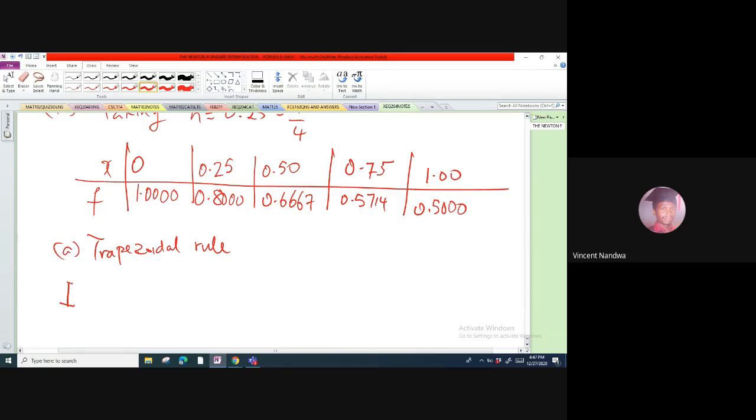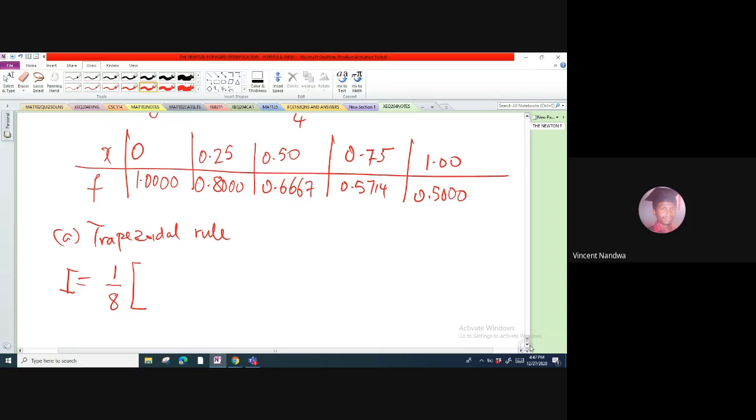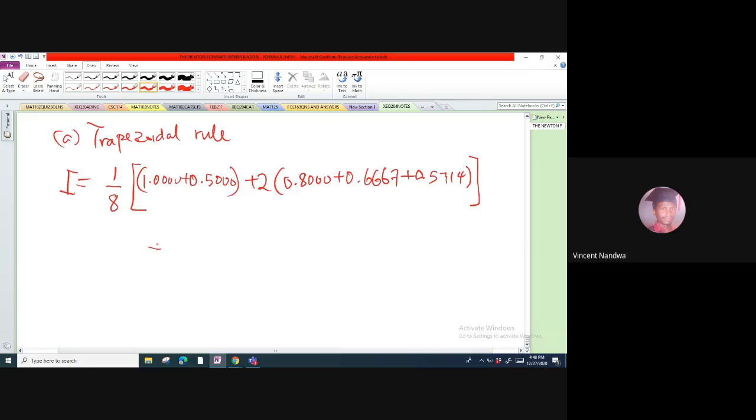So the trapezoidal rule will have the integral given by 1 over 8 into 1.0000 plus 0.5000 plus twice 0.8000 plus 0.6667 plus 0.5714. When you work it out, you get 0.6970.